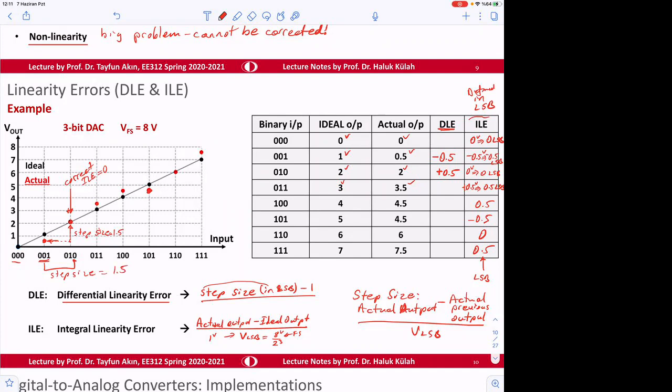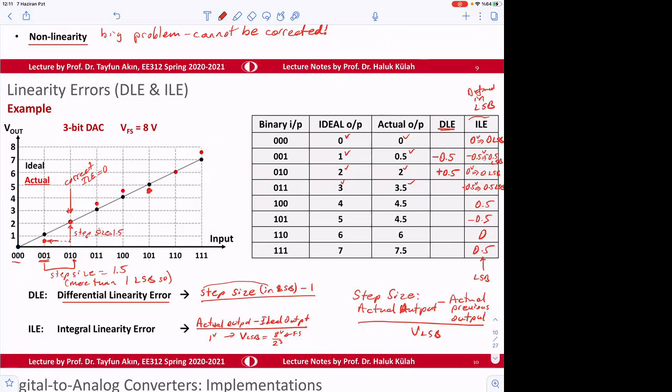So the step size is more than 1 LSB. So this is a mistake. Okay, this is how we look at the mistakes.